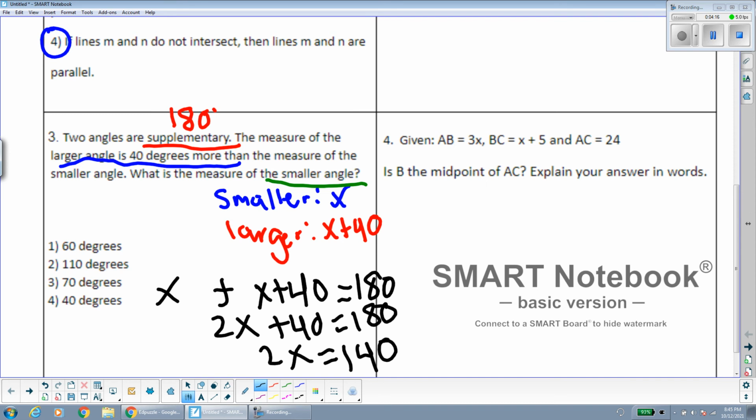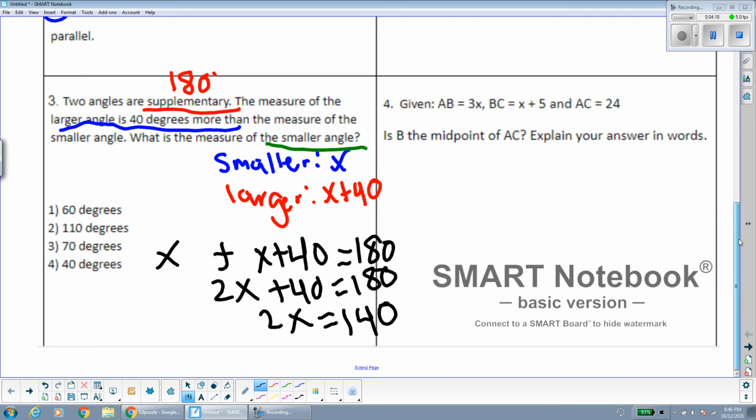And then finally, we'll divide by 2 on both sides. And we get x is equal to 70 degrees. It asks for the measurement of the smaller angle. The smaller angle is the x value. So we found that the measurement of the smaller angle is 70 degrees.